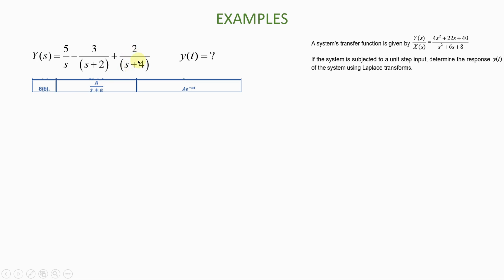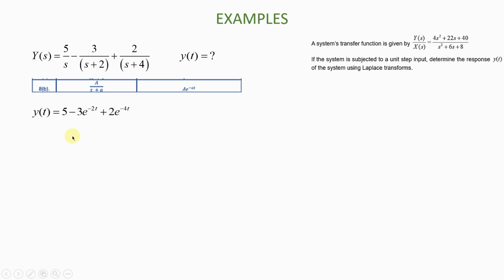If you look at this one here, capital A is 2 and small a is 4. So in the time domain, this term will be 2e to the power of minus 4t, okay? And so if you understand that, then you can quickly write y(t) like that, and this is what you will get for y(t).